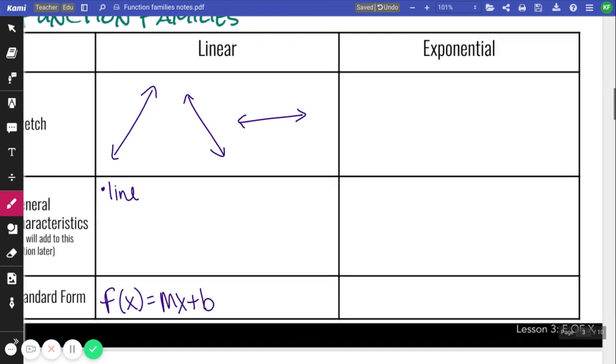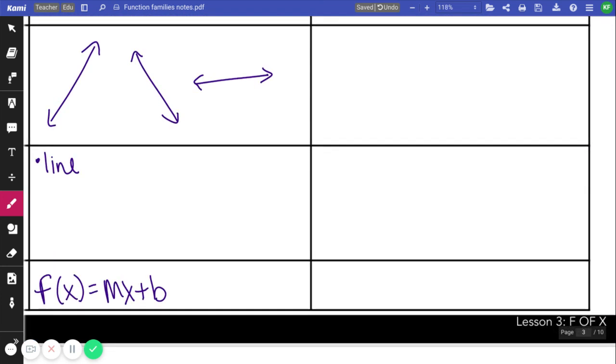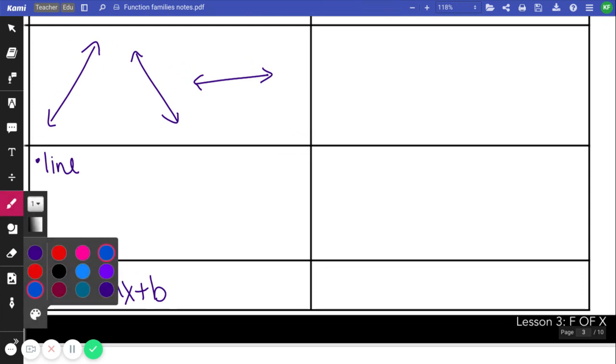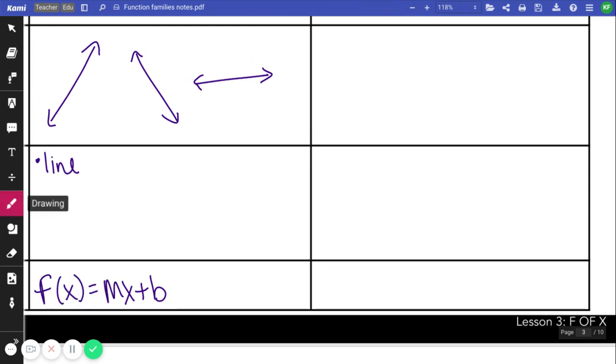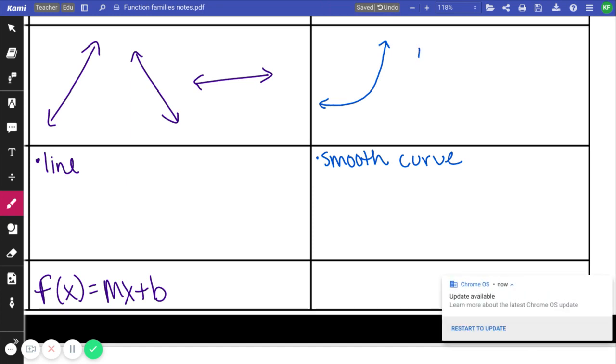For exponential functions, these are going to be a little new for us. Exponential functions have this smooth curve shape. We usually describe them as a smooth curve. So I'm going to add that to our characteristics section here. There's 4 different directions that they can go.